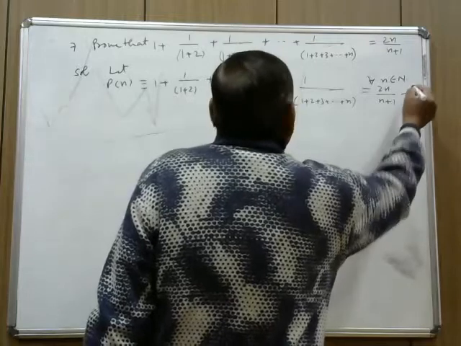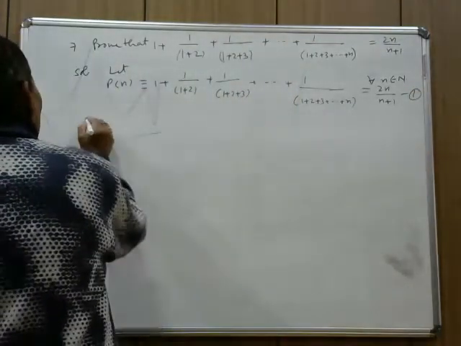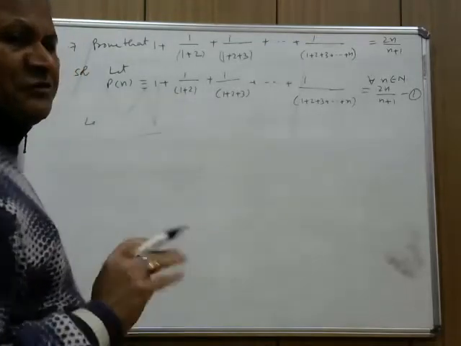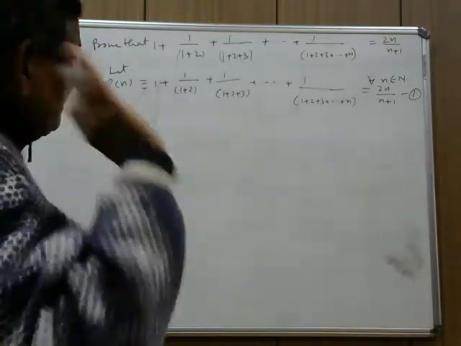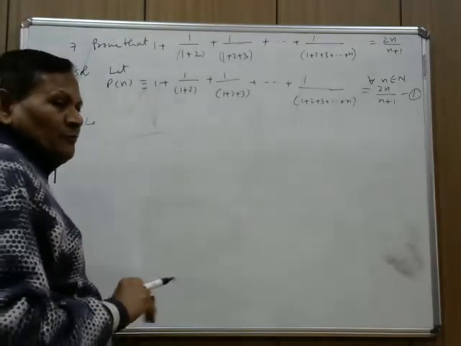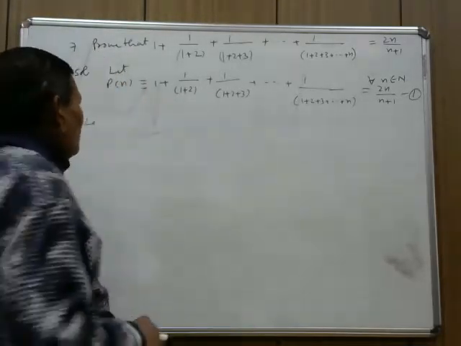This is 1. Now, this is the sum of n terms of this series. In this question, there is no product of n terms. Here, you are given the sum of n terms of the series. You have to prove that this is true for all natural numbers.